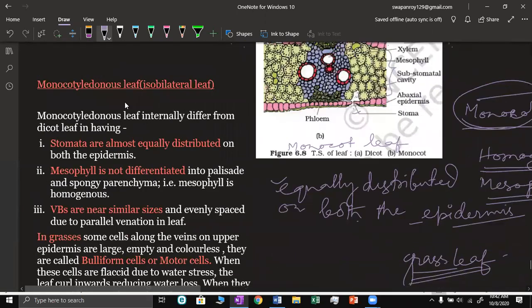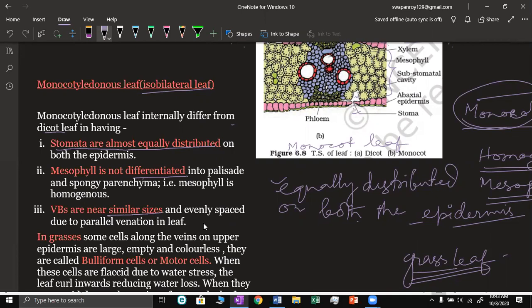So here you can see the monocotyledonous leaf, isobilateral leaf. Internally they differ from the dicot leaf in having stomata equally distributed, mesophyll not differentiated. Vascular bundles are nearly similar in size.